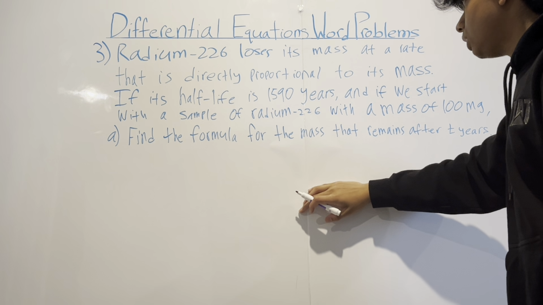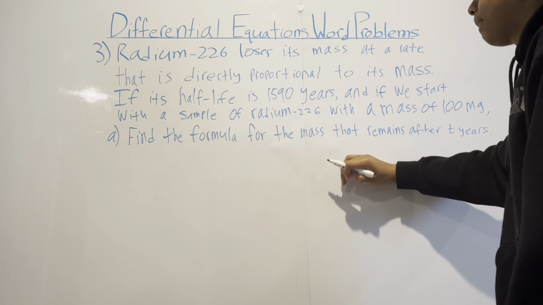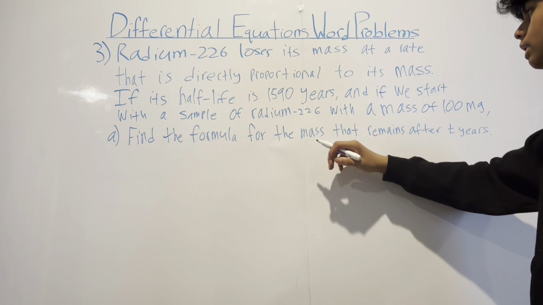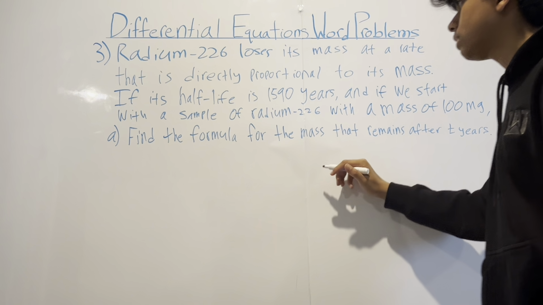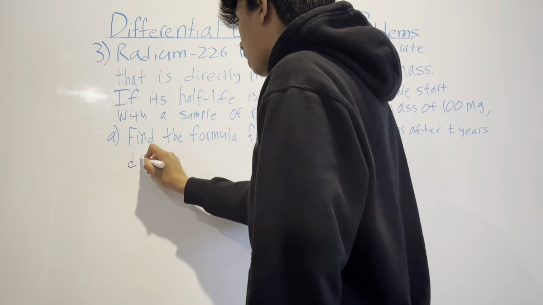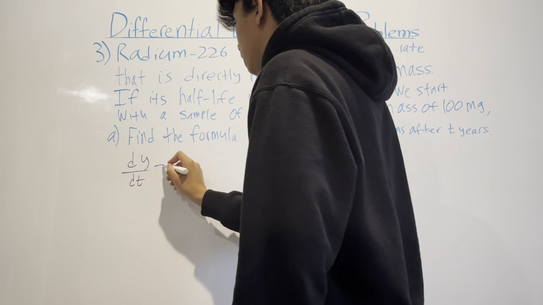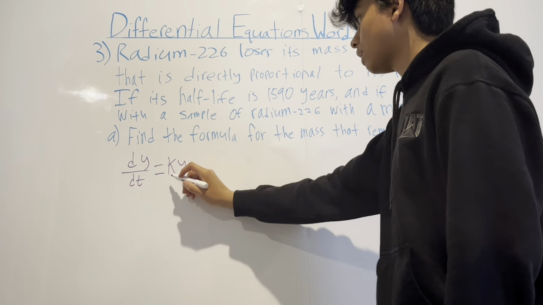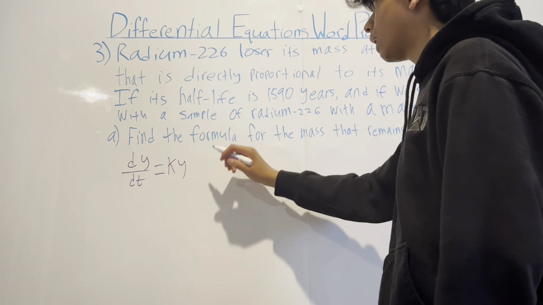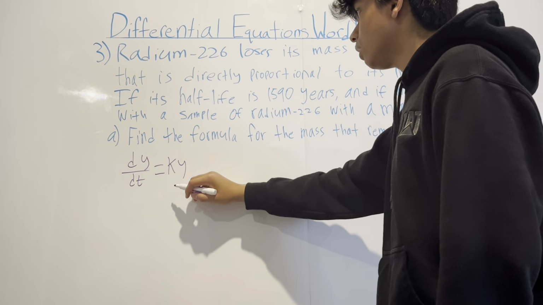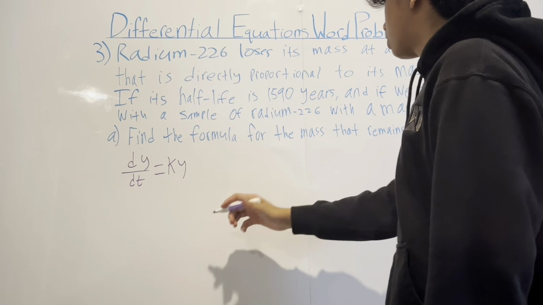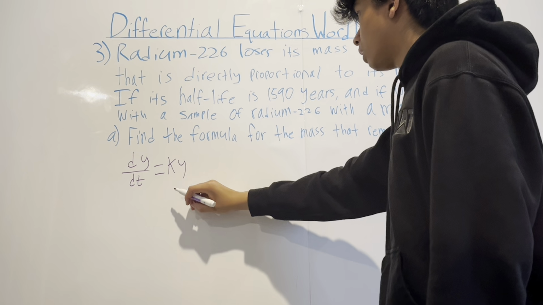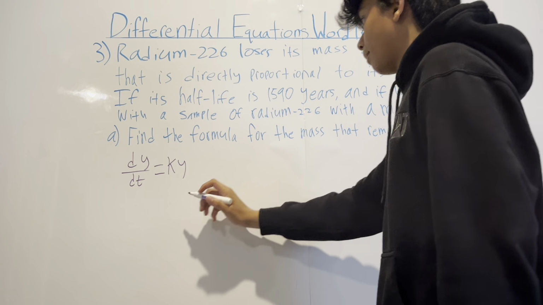So for this question, we need to understand that when the rate of change of a quantity is directly proportional to the quantity itself, mathematically we state this as dy over dt equals ky, where k is either a growth or a decay constant. So with that information, we can solve for y here, which will be the mass, and t is the time, and k is the constant that's either growth or decay.